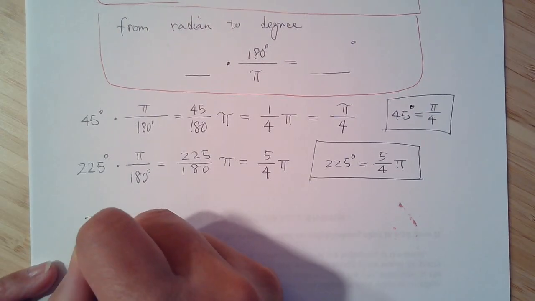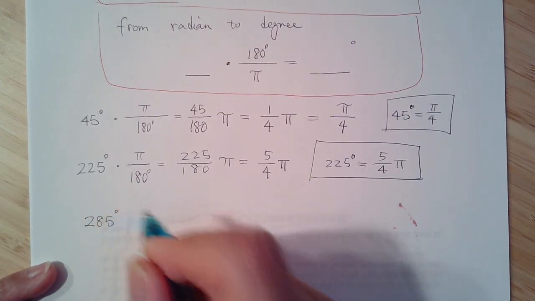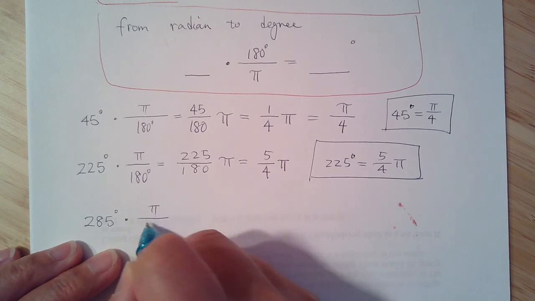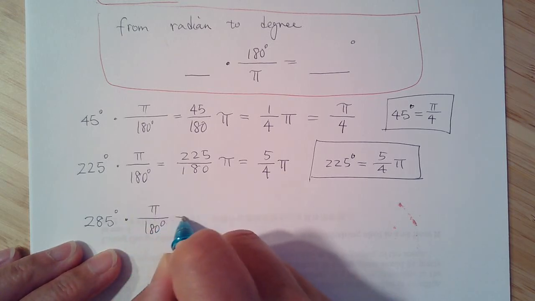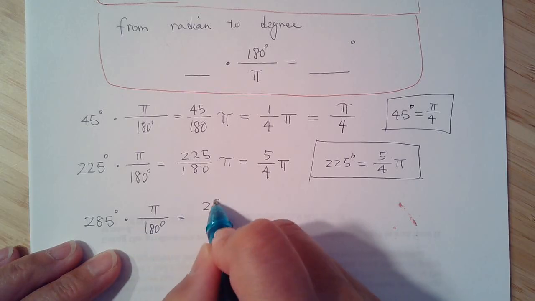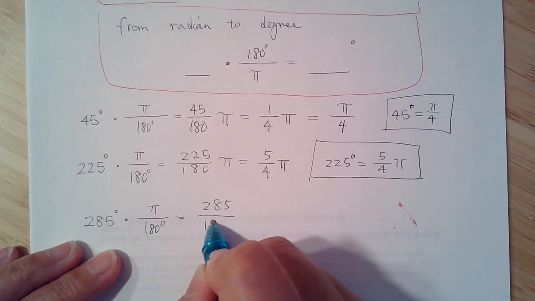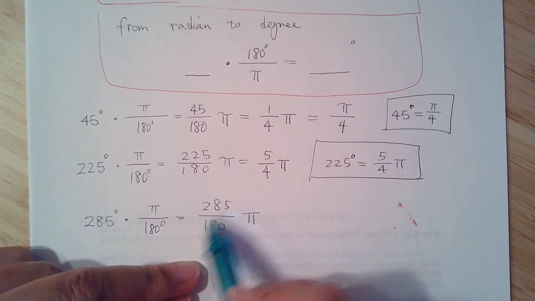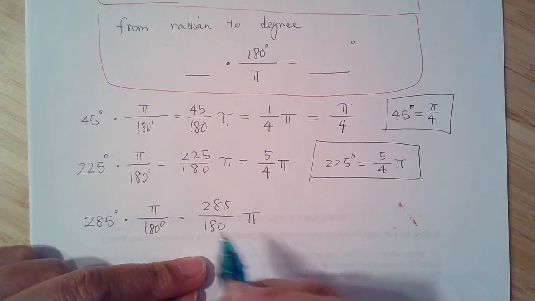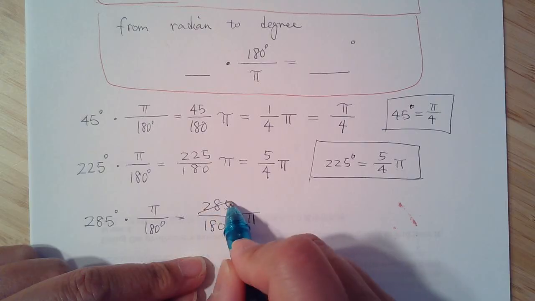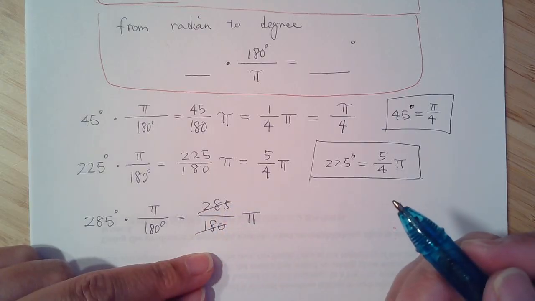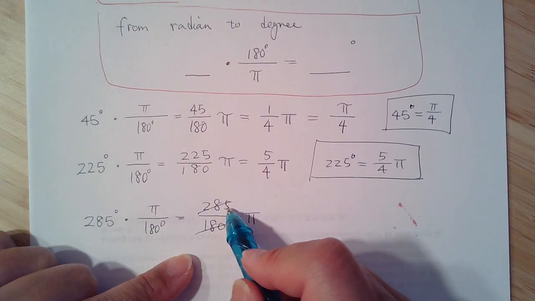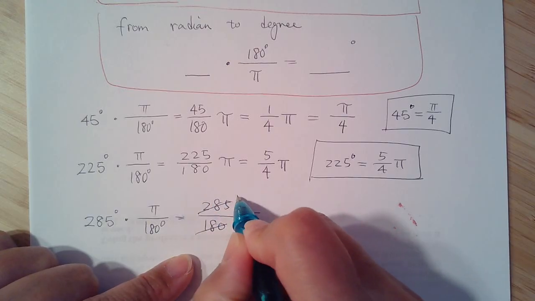What about 285 degree? That's multiplied by pi over 180 degree. And no more degree, so I put 285 over 180, that many pi. And you have to simplify this, but you might want to do that step by step because both numerator and denominator are divisible by 5. So this divided by 5, you get 57.